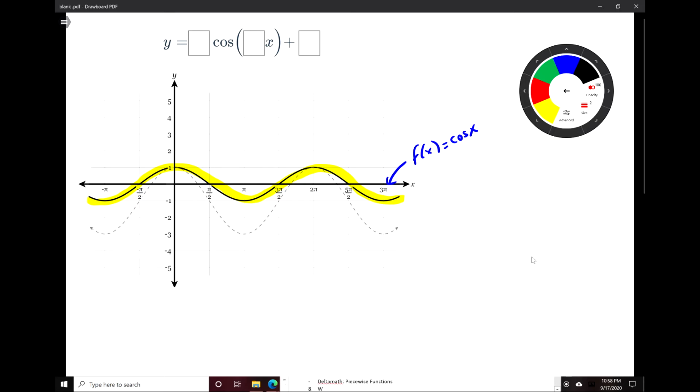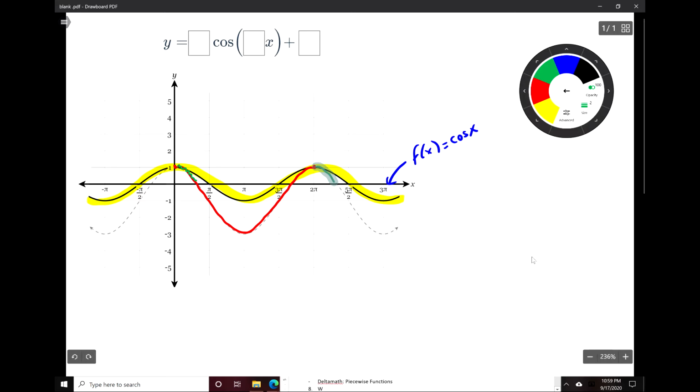Start from here all the way here. That's already one period, because if I keep going to the next part, I see this part is repeated, so that means I go on the second period already.